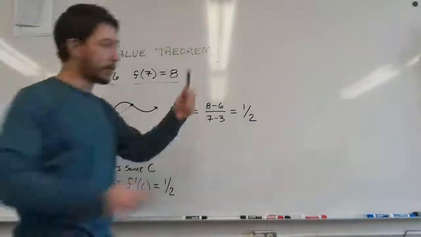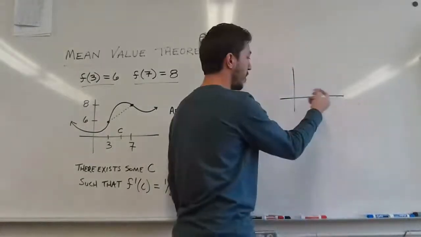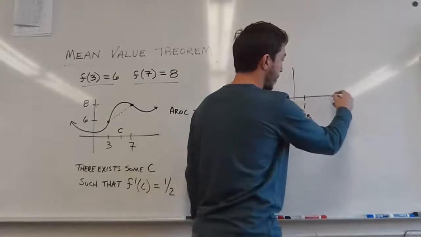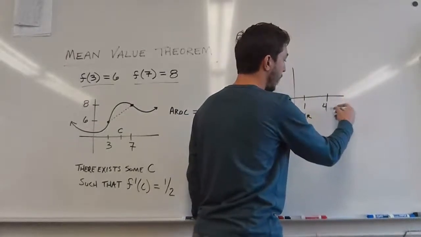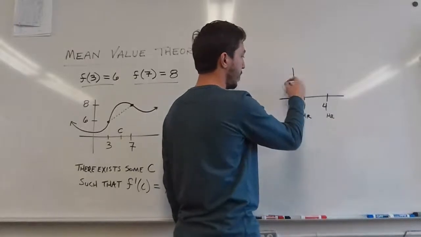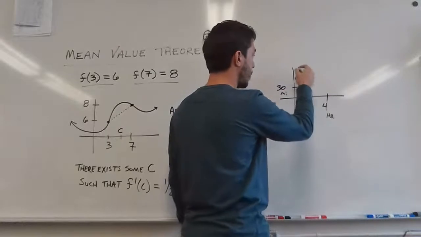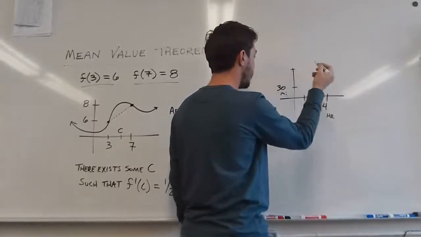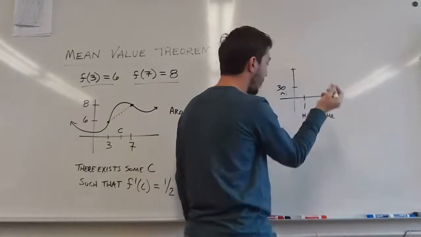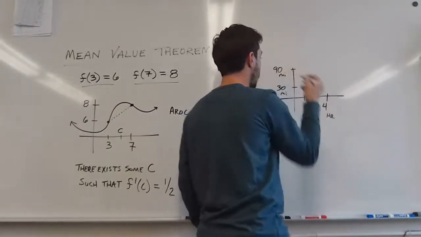Okay? I'll give you a simpler example. Maybe that's not a snail. This might be more salient to you since you drive cars. Let's say between time 1 hour and time 4 hours, you went from a position of 30 miles to, sorry, I want to pick an easier number, 90.